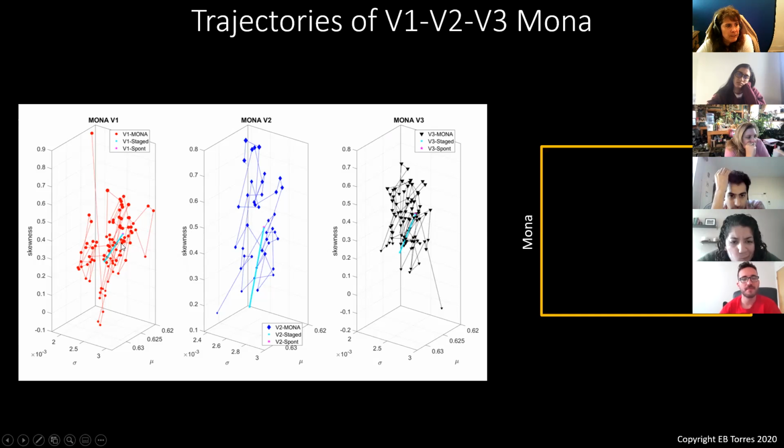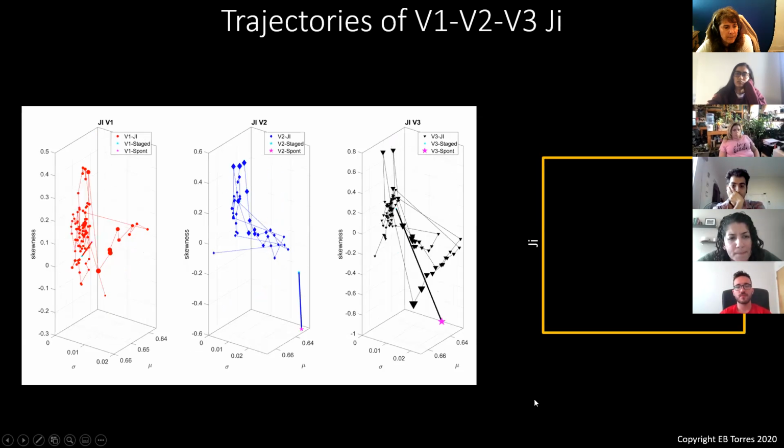So in Mona's case, they stay within the cloud of points, pretty much. This is the staged, and then it goes to spontaneous, and you can see each one of the regions. And then this is G, and in G it's interesting because the one that really changed here was the mouth going from staged to spontaneous.